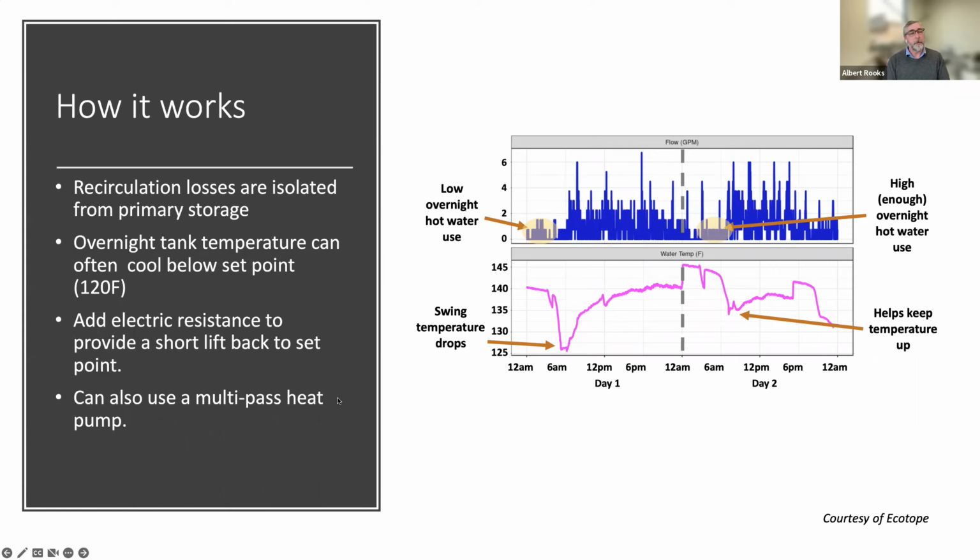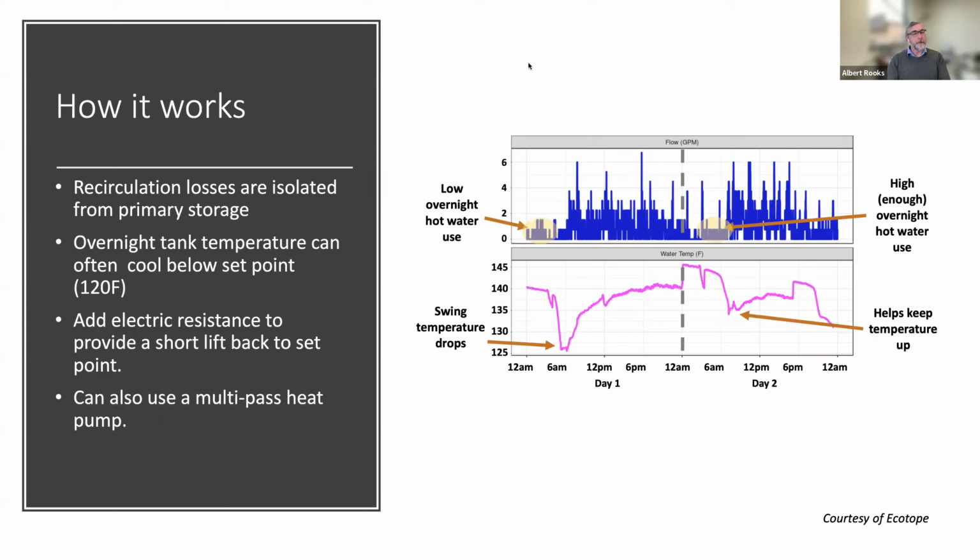We can see that low overnight water usage on the upper left-hand corner of that graph, and matching down below, we can also see the swing tank temperature, or that isolation tank. It starts out in this graph around 140 because there's been a draw. So it's constantly receiving 150 or 145 degree water. So it's nice and hot and full.